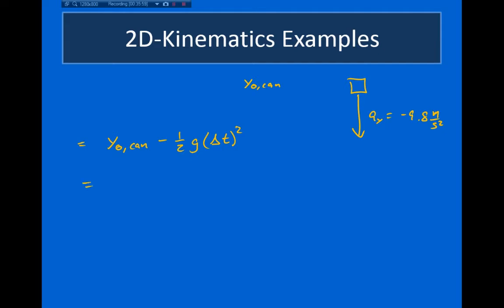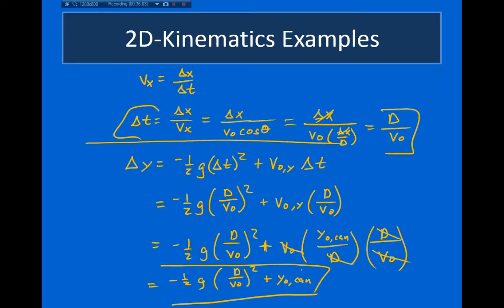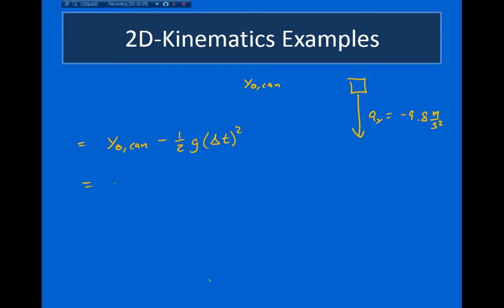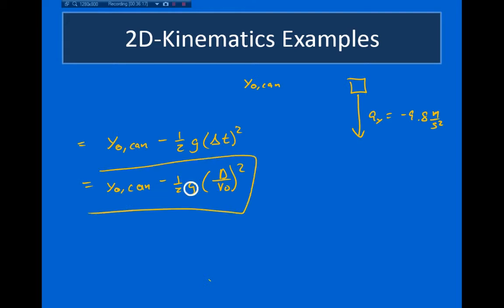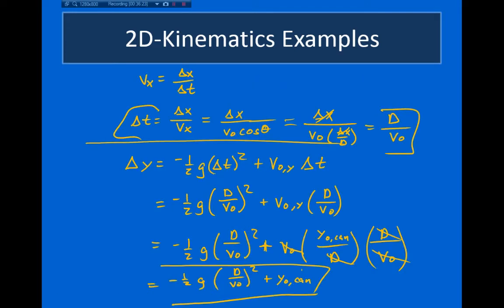And delta t is equal to, we saw this in the previous slide, d over v naught. So plugging d over v naught into this, we get that the height of the can will be the initial height of the can minus 1/2 g d over v naught squared. Notice that this, the height of the can after the bullet's traveled in the x direction a distance delta x, is equal to this height right here.